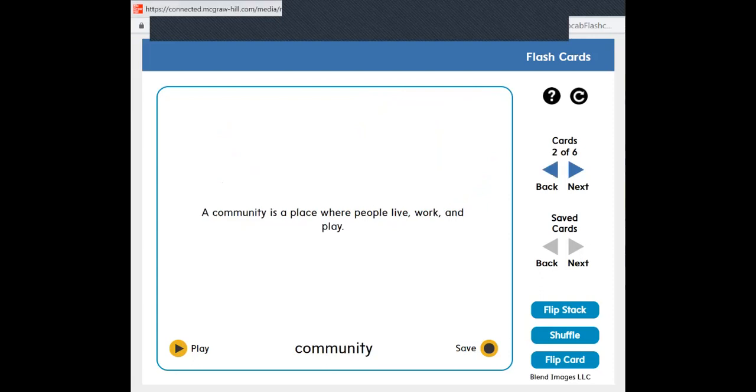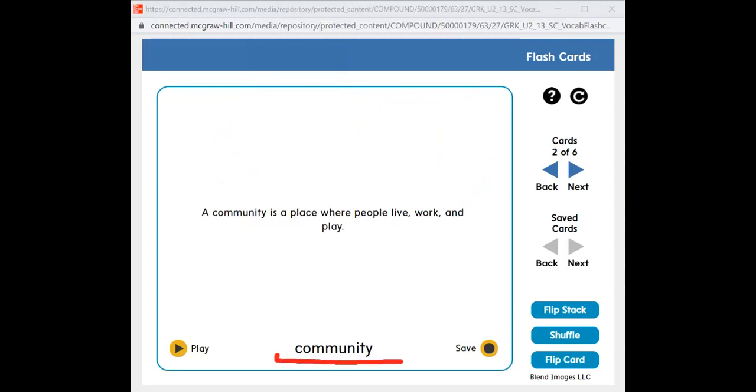All right, so this word is community. A community is a place where people live, work, and play. So we all live in a community. It's a place where we live, work, and play.